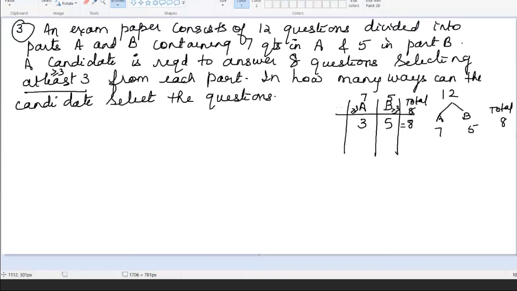Now I will start increasing the number in A. If I take 4, I have to take 4 here because I want the total to be 8. If I take 5, I have to take 3 because this is equal to 8. Can I take 6 from A?